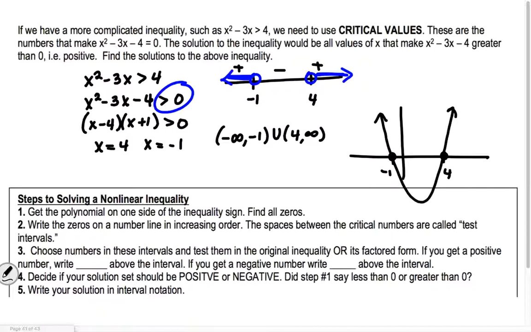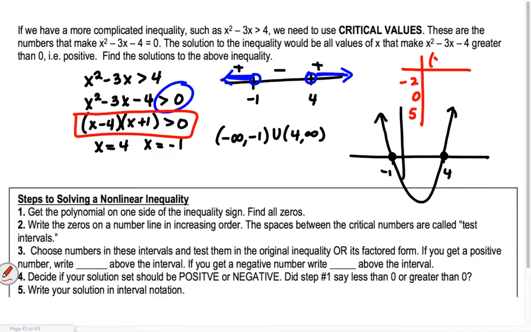I showed that to you guys in Algebra 2 if you were in my class, but what we typically did is we just plugged things in. We checked to see if it made it true or false. Sometimes I make a little chart, and we plug in something to the left of -1, like -2, something in between, maybe 0, and then something to the right of 4, like 5. Do you guys remember doing this?